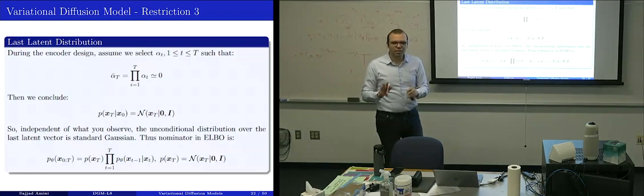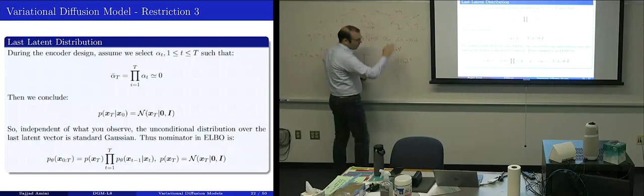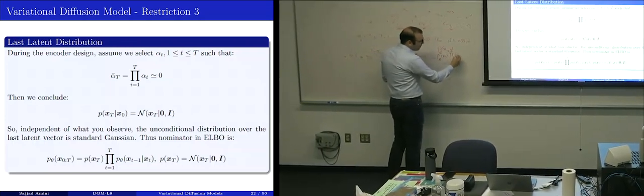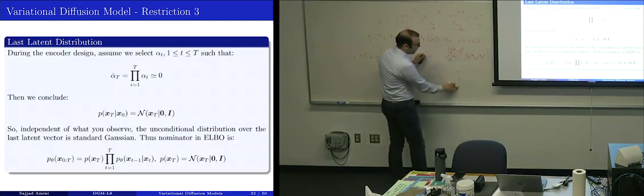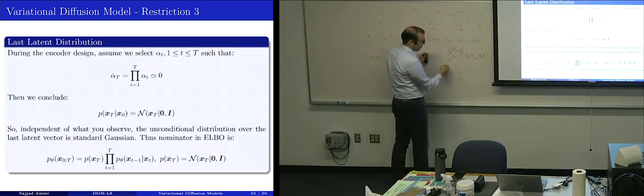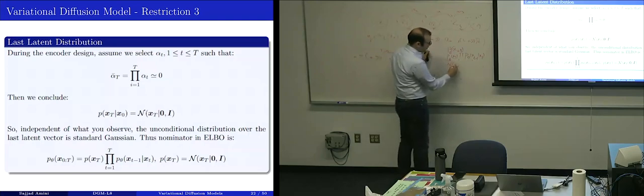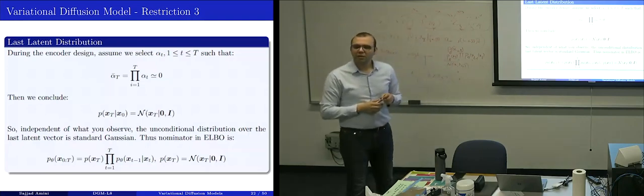And I know that my model joint over all random variables in the hierarchy equals, using the chain rule, p theta of xT times p theta of xT minus 1 given xT. I know that xT is a standard Gaussian distribution, so I can replace it with a normal with mean 0 and variance 1.